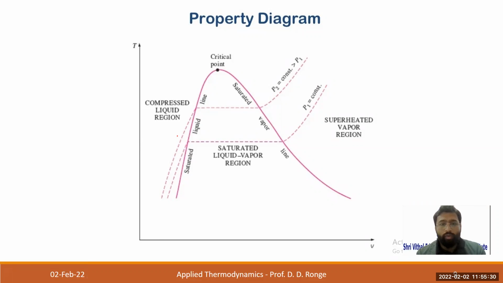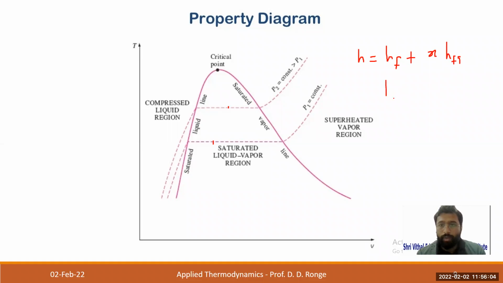Now you can calculate the properties which are inside the wet region. The formula is fixed. Suppose I want to find H, so H will be equal to HF plus X, that is the dryness fraction, into HFG. HFG is the latent heat.